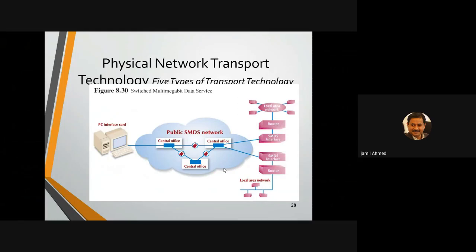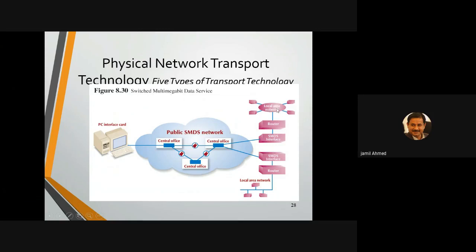So switched multi-megabit data service. Now the central office is there. The main thing is that the switched multi-megabit data service is there. So SMDS is also abbreviated like this.